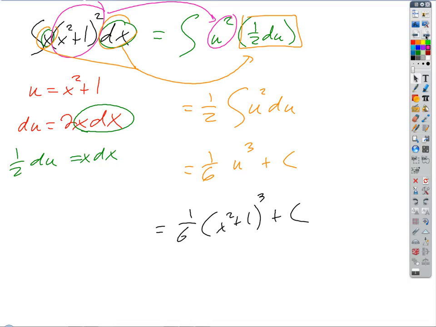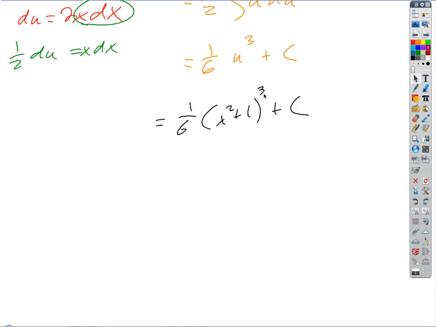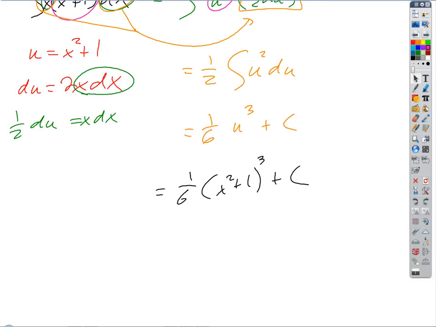Yeah, it does. Watch, if I differentiate this, the derivative of the cube is 3 times the square. So that's going to give me 1/2 times x squared plus 1 squared times the derivative of what's inside, which is 2x. So the 1/2 and the 2 cancel. See what I'm saying? So it would work. Okay? We ready?